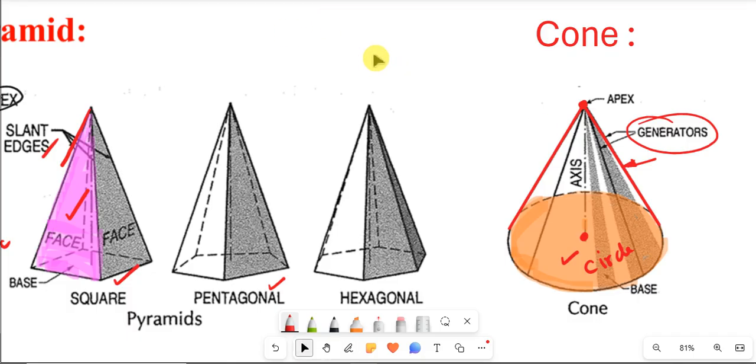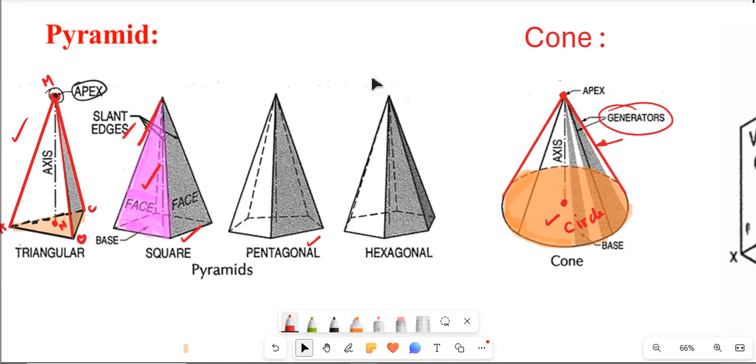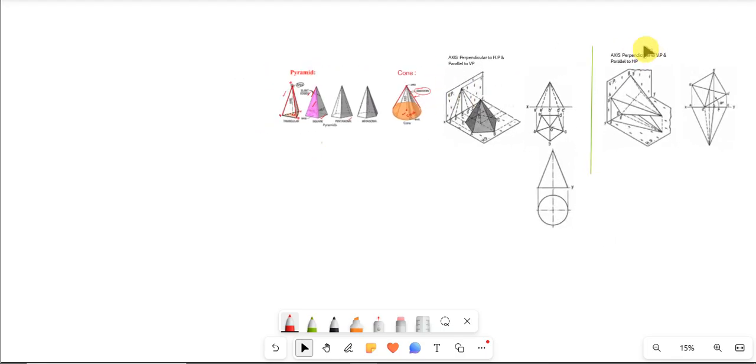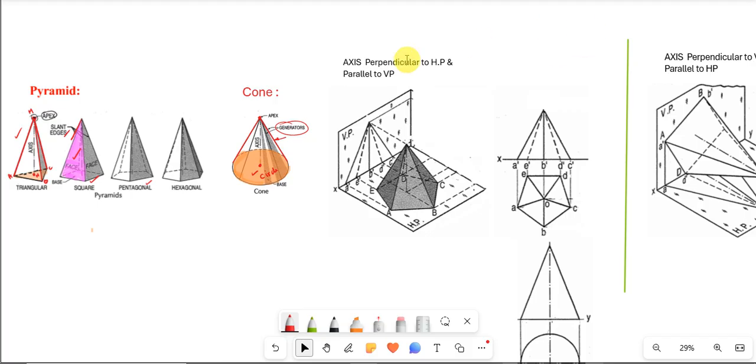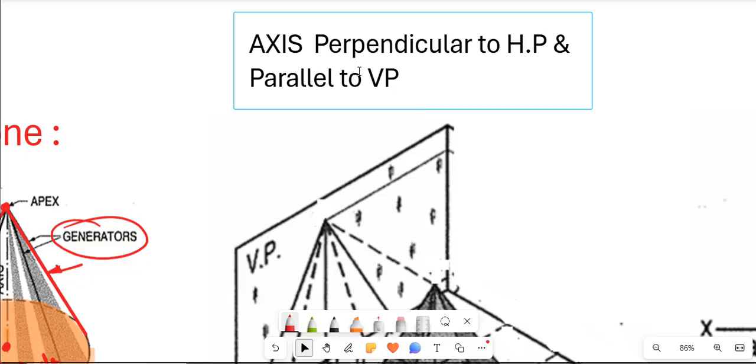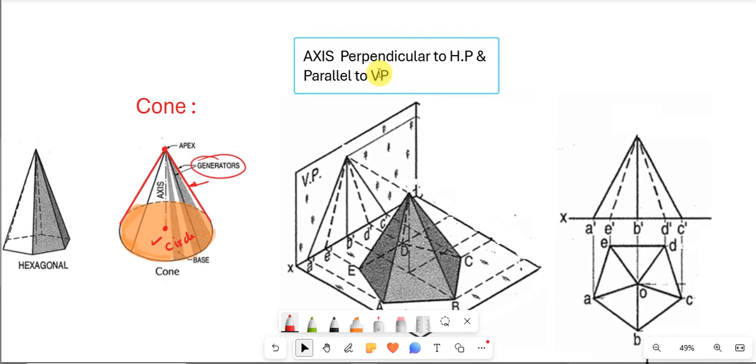Now let us learn how to draw the front view image and top image for both the pyramid case as well as the cone case. As we discussed in the previous class, there are two conditions. When the solid's axis is perpendicular to HP and at the same time parallel to VP, the solid is in the standing position.